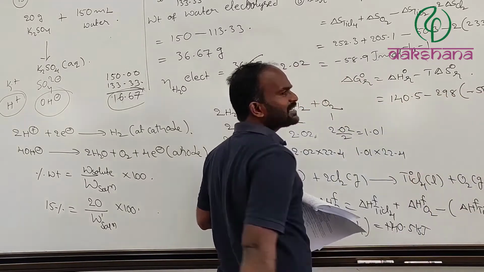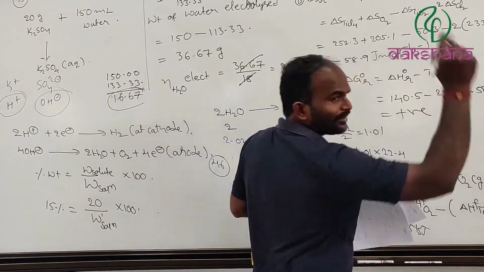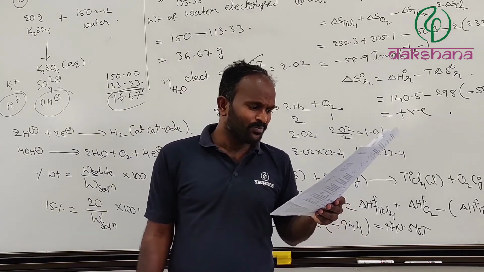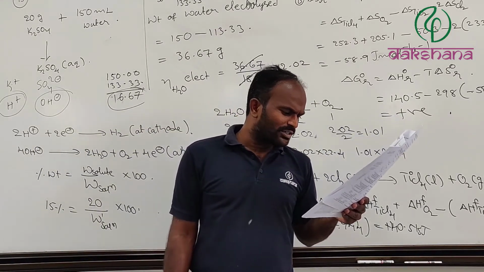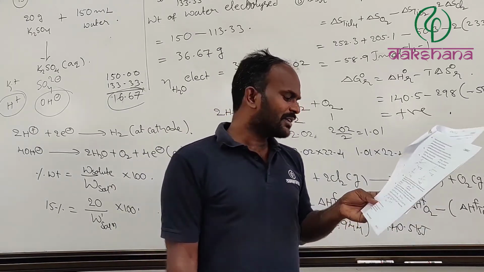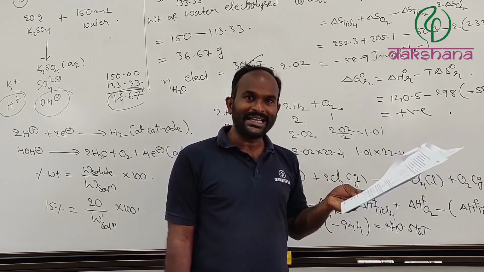So minus of minus is positive, and this value is also positive. Overall the value is positive. Therefore delta G naught of reaction is positive. Obviously that reaction is not going to be spontaneous. Hence the options are going to be A, C and D.